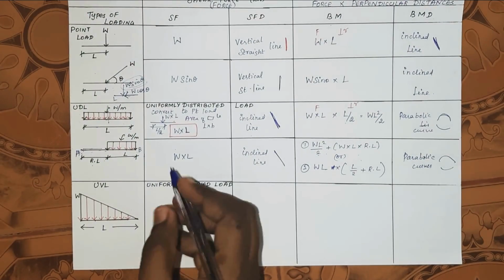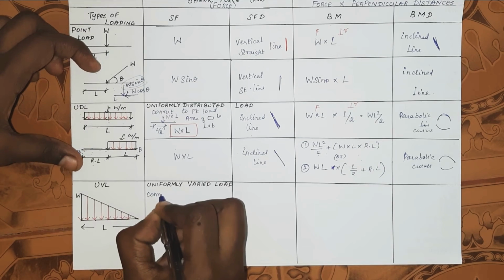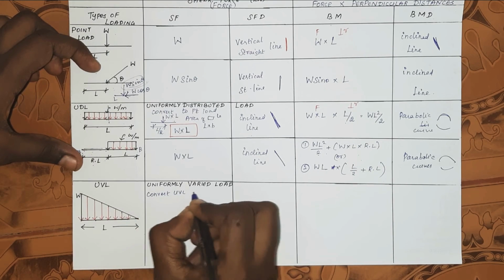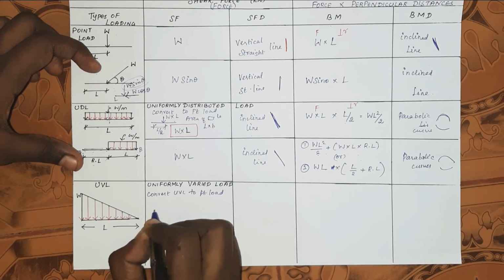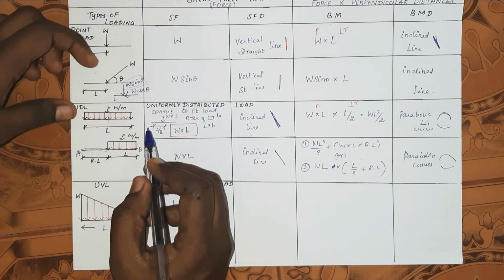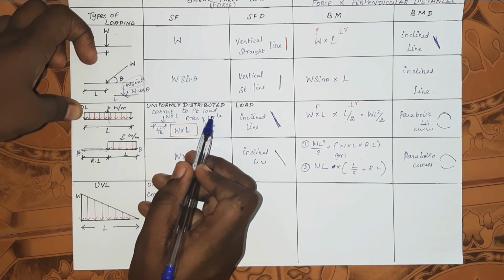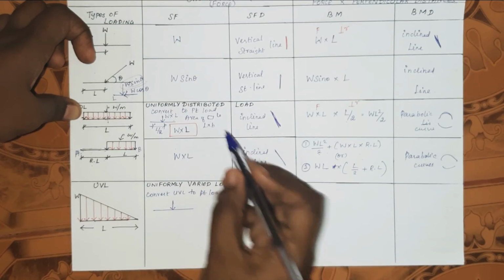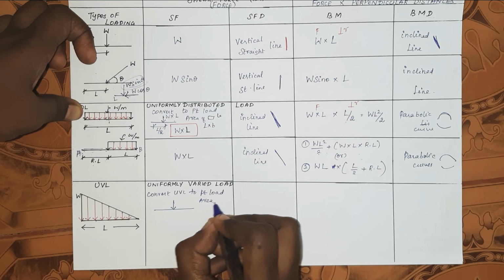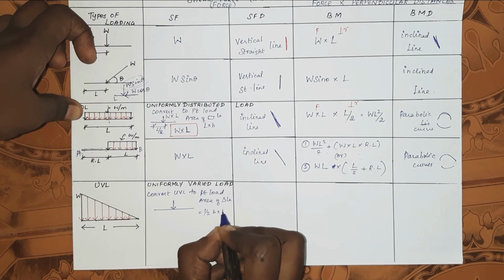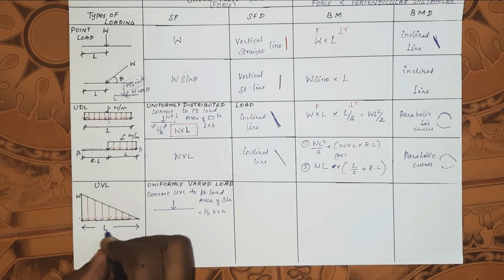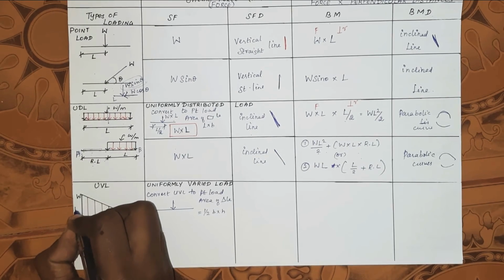So first convert the UVL to a point load. For UDL I take the area of a rectangle; here I take the area of a triangle. What is the area of a triangle? Half into B into H. This is the base value, this is the height value.